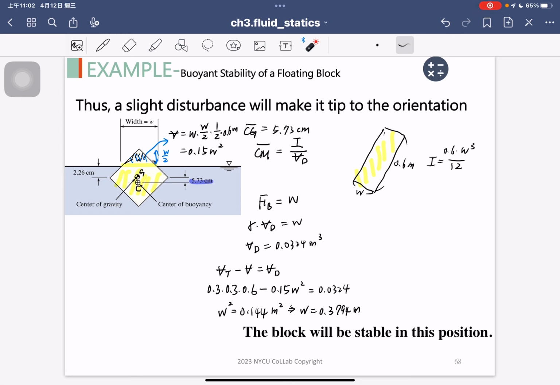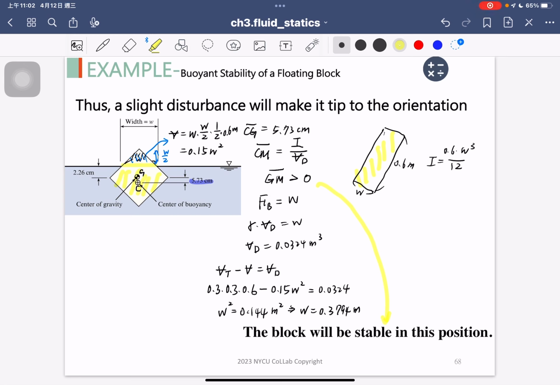Then you can finally identify the GN distance, which should be larger than 0, and you can predict the block will be stable after the rotation.